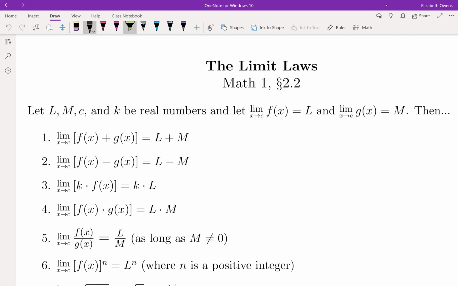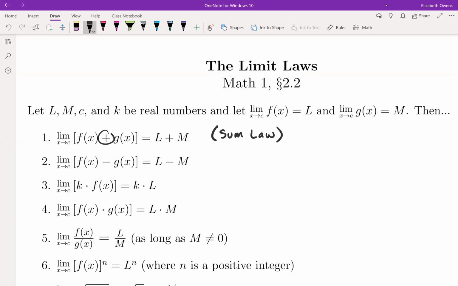So what this first limit law says is that if we're taking the limit as x approaches c of the two functions added together, f of x plus g of x, then as x gets close to c, if we want to find the limit of that sum, we're just going to add together the individual limits. So this right here is called the sum law, for clear reasons.